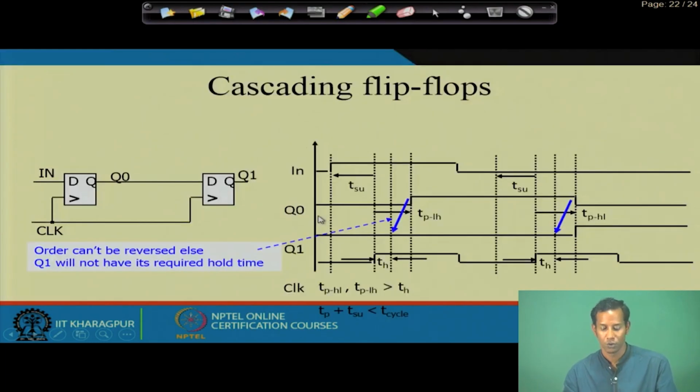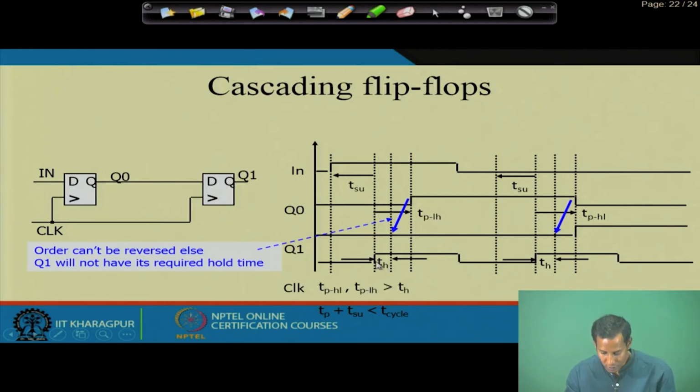Okay. So, if we cascade these two flip flops, that means in series, suppose this clock is connected to the Q0 and the Q1 flip flops. This is the input which goes to the second register. If we see this is the input signal, this is the variation in the input signal, and this is Q0, and then Q1 will depend on the clock edge.